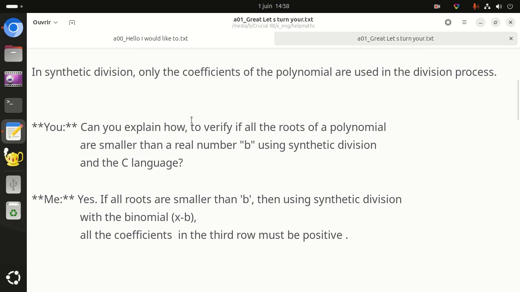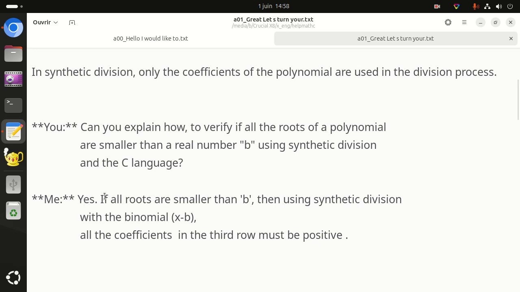Can you explain how to verify if all roots of a polynomial are smaller than a real number b using synthetic division and the C language?